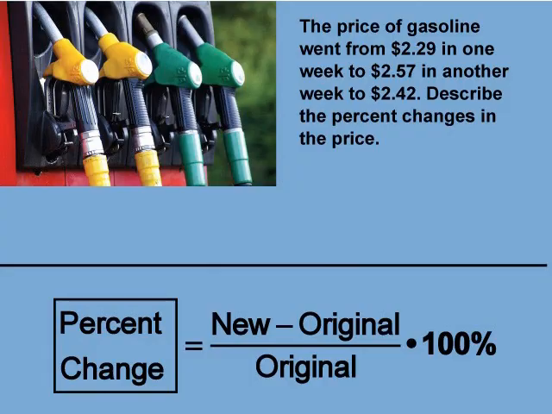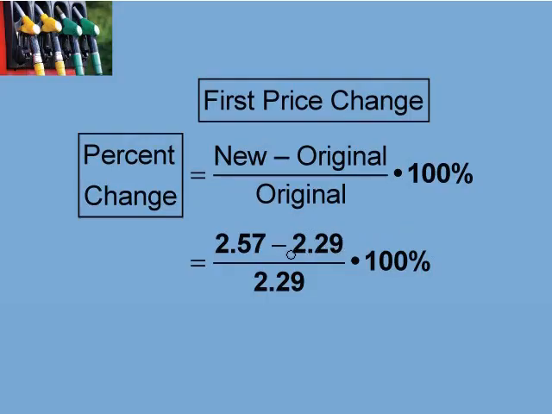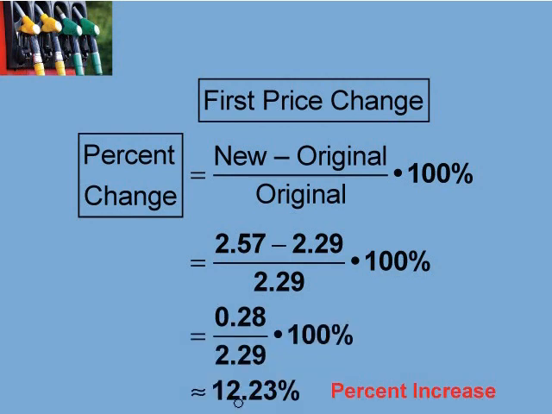Let's look at the first price change. The price started at $2.29 and went to $2.57. We find the fraction change to $2.29 and multiply it by 100%. The result is about 12.23%.